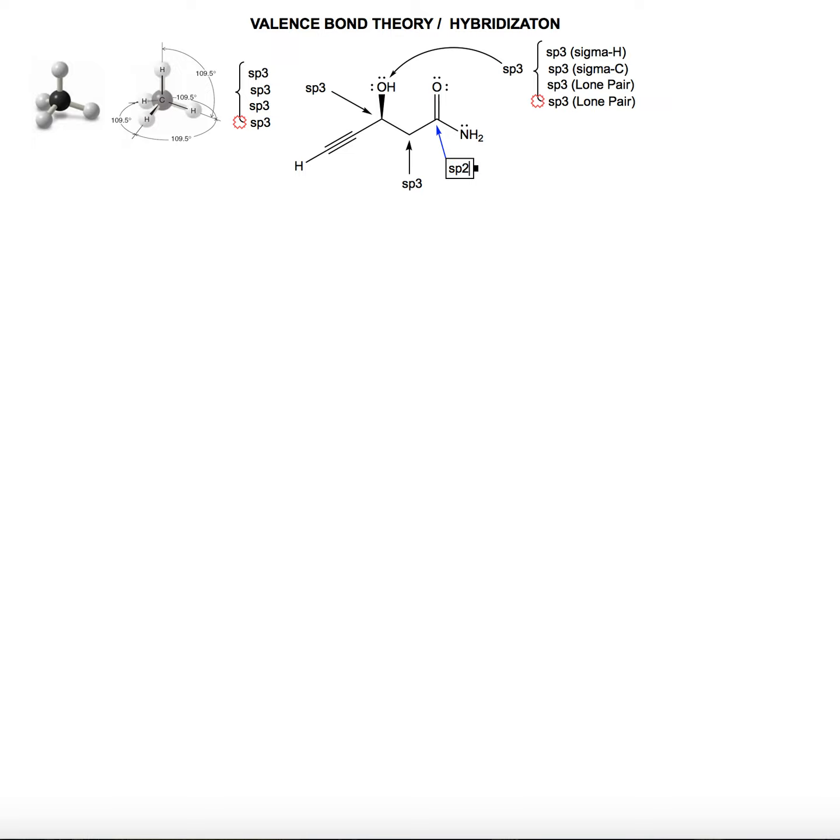Okay, the oxygen of the carbonyl compound, I can see this oxygen having 1 pi bond, so that oxygen is indeed sp2 as well. So I'm gonna say sp2. And remember, the nitrogen from the amino functional group here, this is an amide functional group.